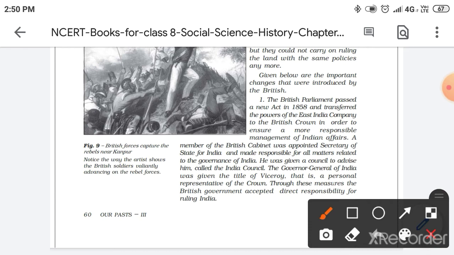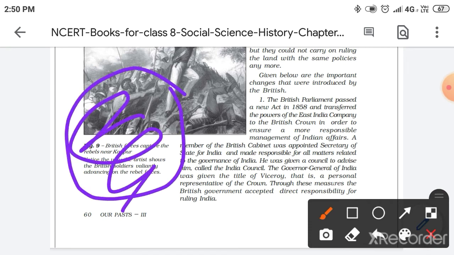So from the British cabinet, one person was approved by the British crown to become Secretary of State for India.